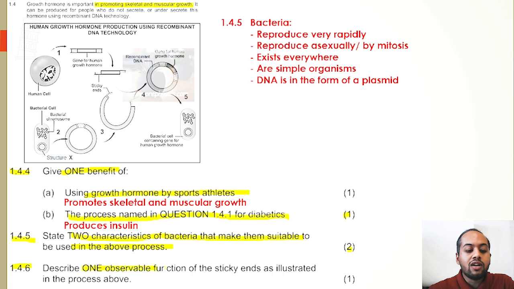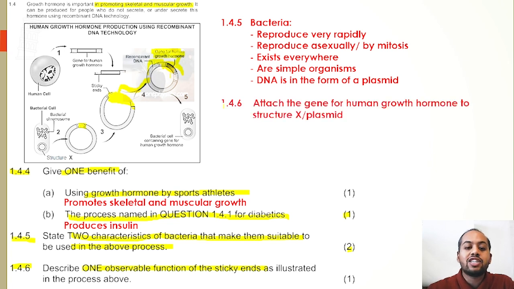1.4.6 Describe one observable function of the sticky ends as illustrated in the process above. So the sticky ends that you have here, what is one observable function of them? If you move on to step 4, you can see that the sticky ends is going to have the gene for human growth hormone inserted into it.